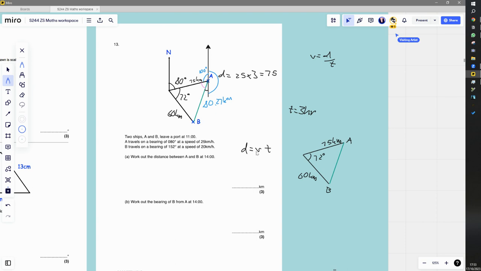So we can work out this pink angle using the sine rule, and then we would subtract that from 80 to work out this angle. There are other ways you can eventually do it, just remember we're trying to work out that angle, but we do need to work out this pink angle.